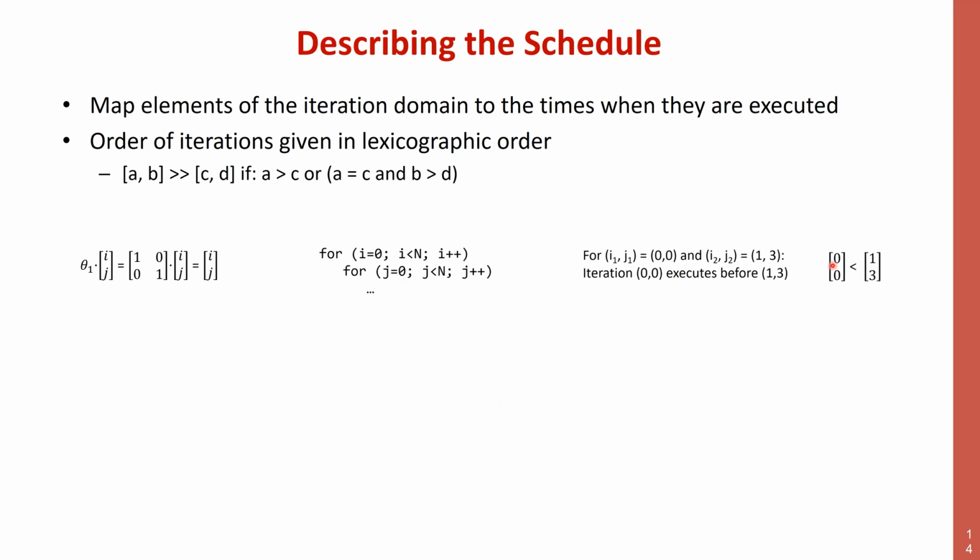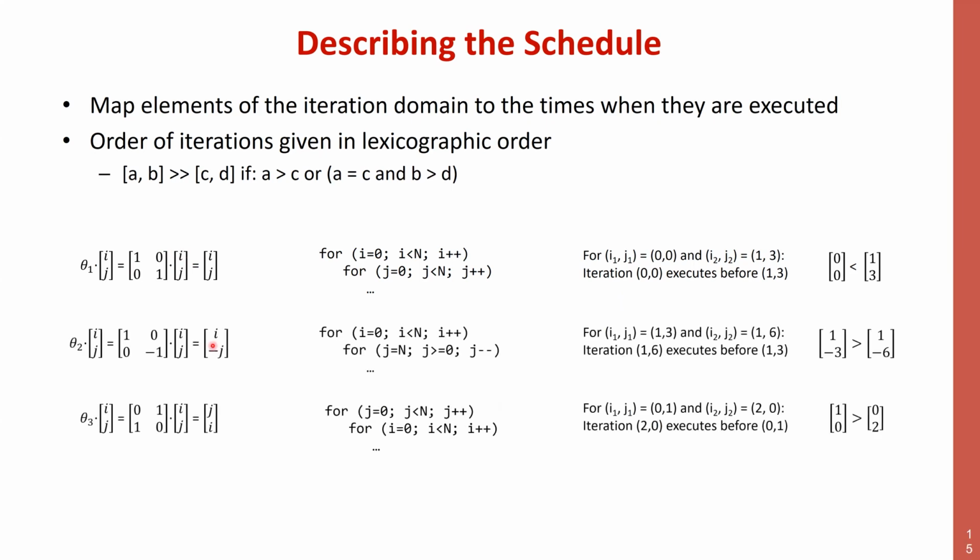So through the lexicographic order of the product of this characteristic matrix by the iteration that you are at, you can tell which iteration comes before the other. This is a trivial case because the characteristic matrix is an identity matrix, but you see here a few more examples.